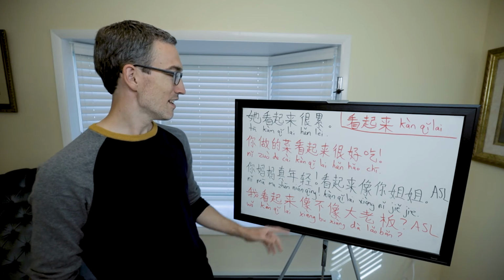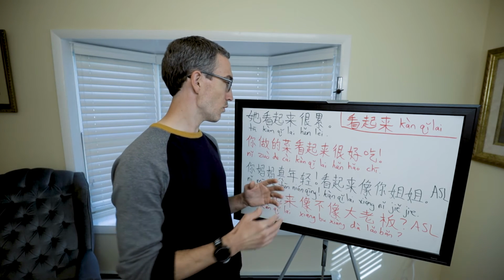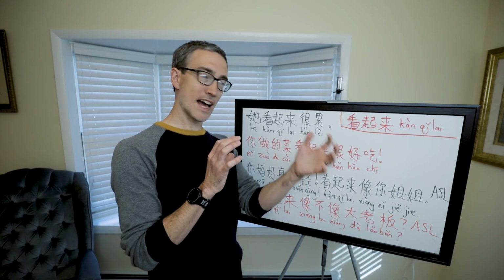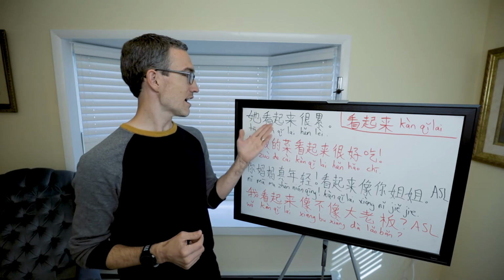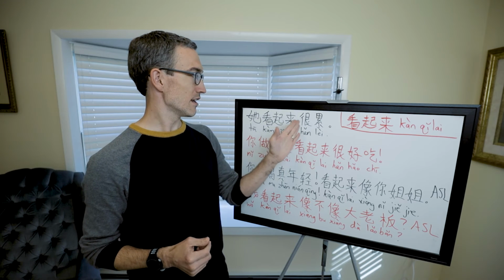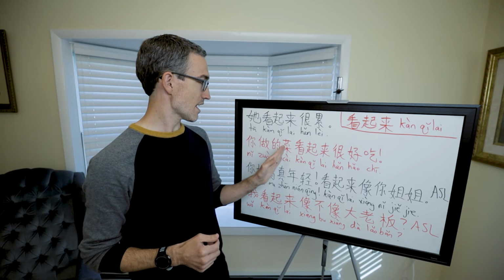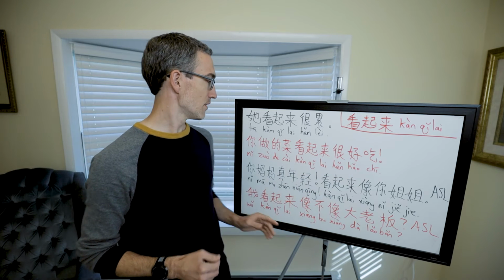I wanted to point out that when you're saying something looks like an adjective, like she looks tired, then you could say 她看起来很累. 看起来 plus adjective. This 菜看起来好吃.